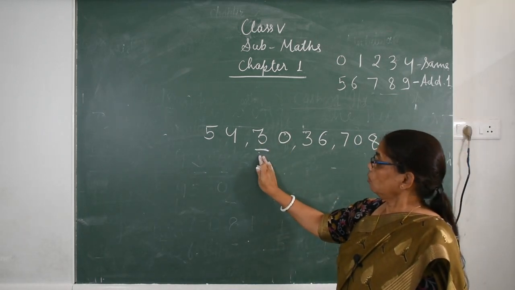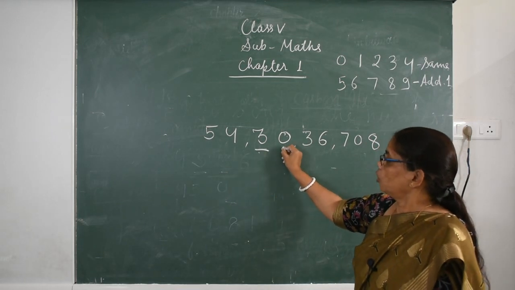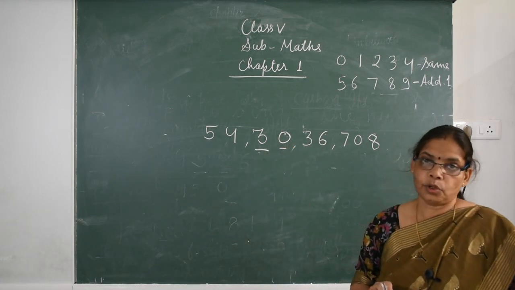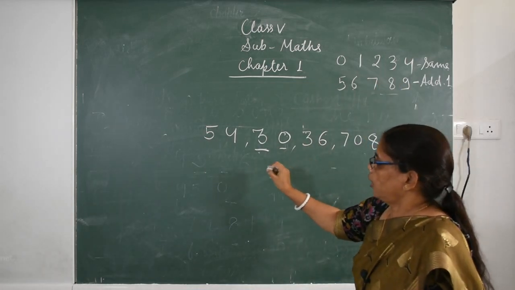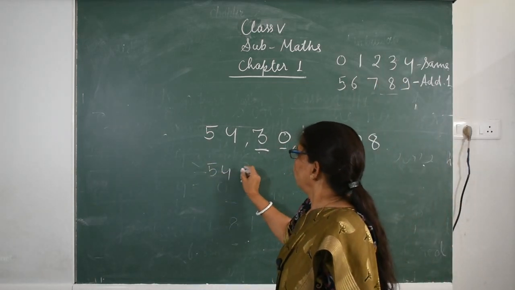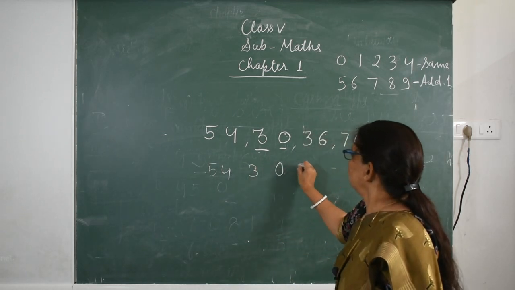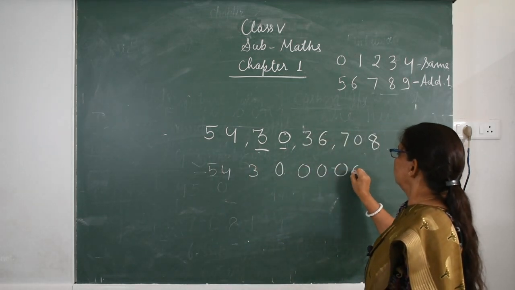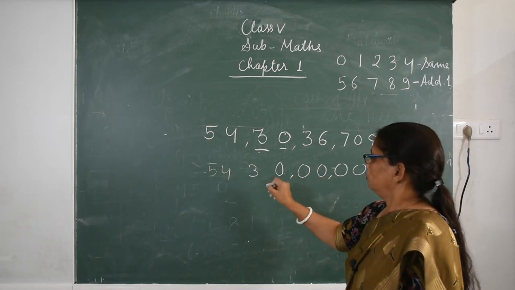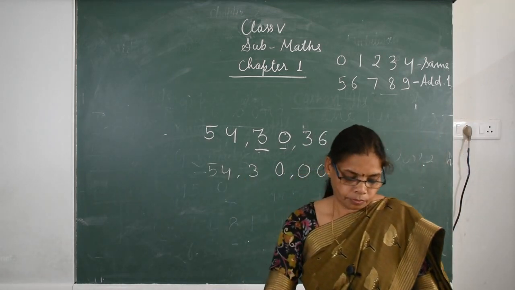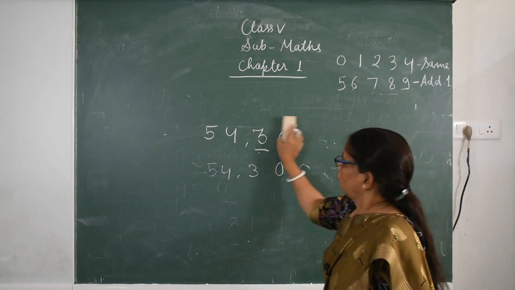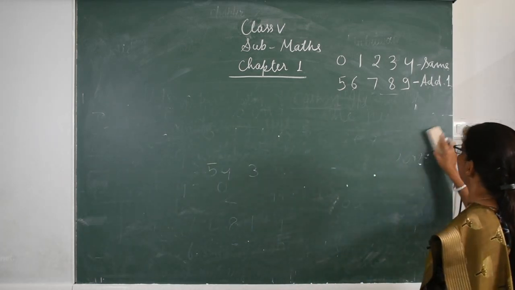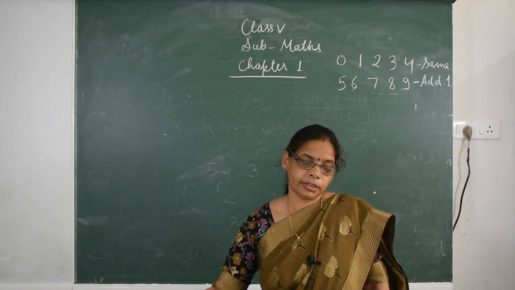So near the 3, here is 0. So this one also comes in this group, and the rest remain the same. 5, 4, 3, 0, 0, 0, 0, 0 and 0. I hope you understand, children.